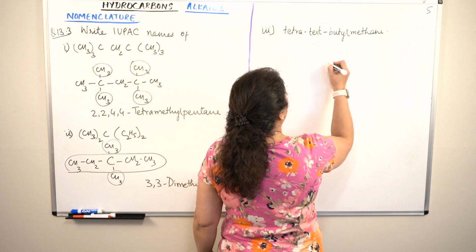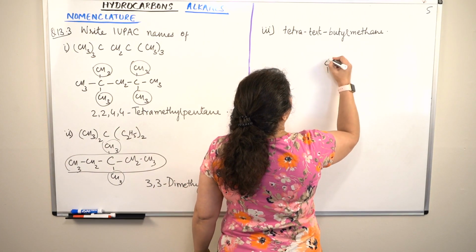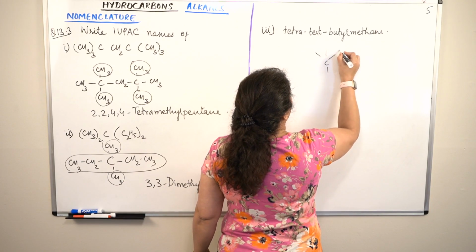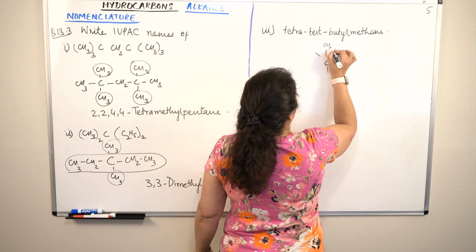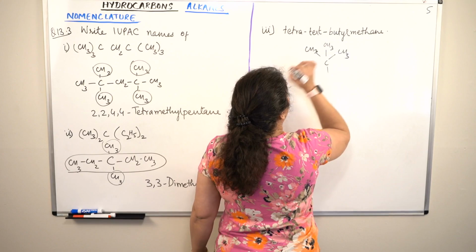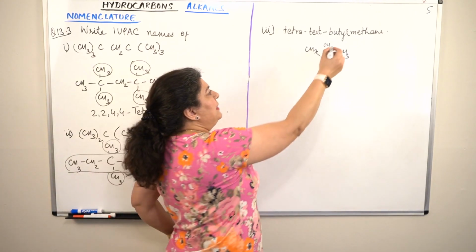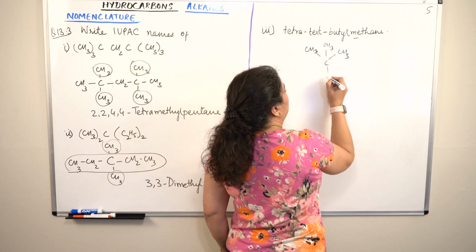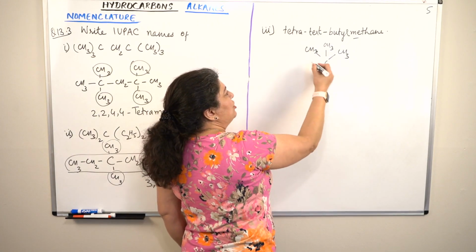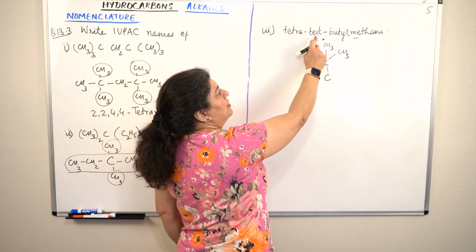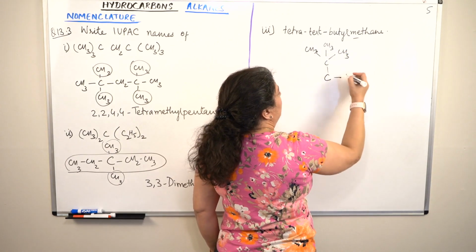What's a tertiary butyl group? If this is a carbon, it is attached to 3 other carbons: CH3, CH3, CH3. That's a tertiary butyl group. And since the parent is methane, this is the carbon, and it is attached to 4 such tertiary butyl groups.